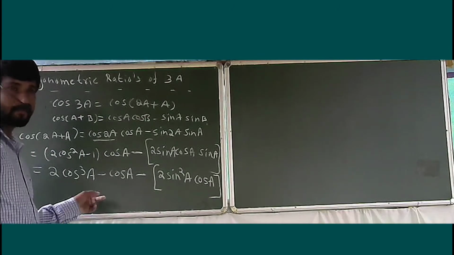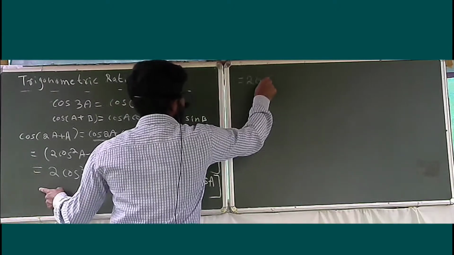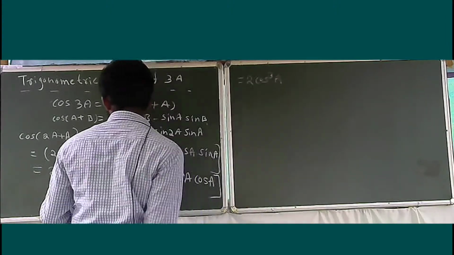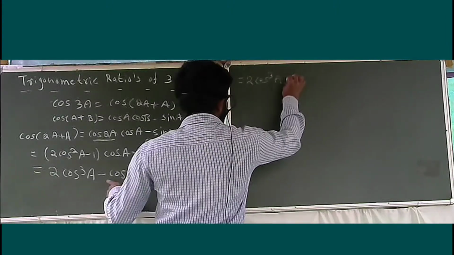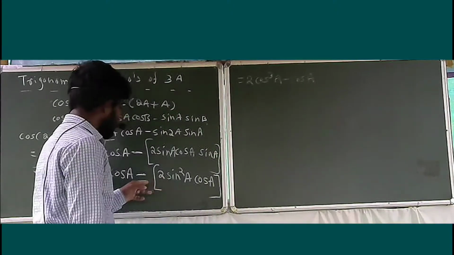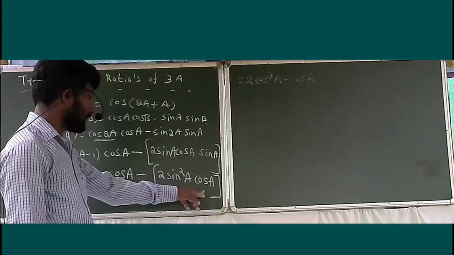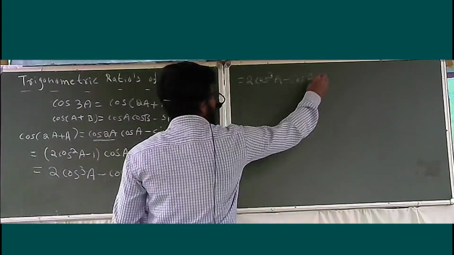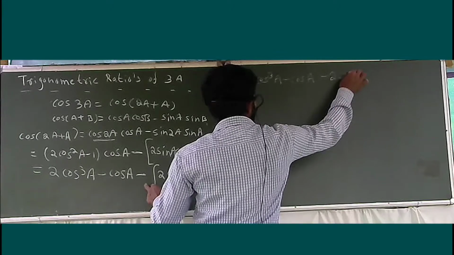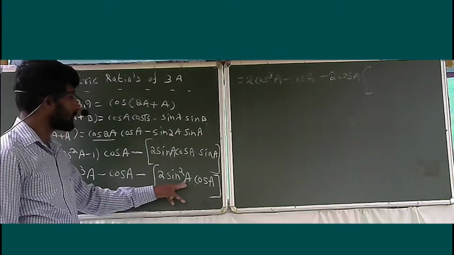In the next step, simplify. Here you will get 2 cos cube a minus cos a. Okay. Then minus 2 into sin square into cos a is there. Keeping minus 2 into cos a outside. See, sin square a is remaining, right?